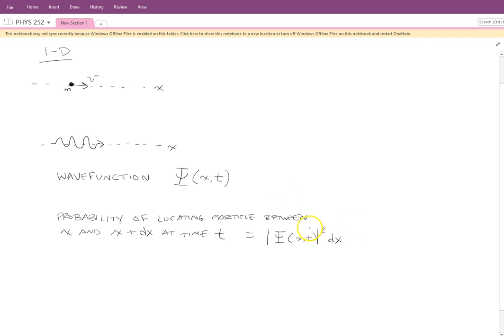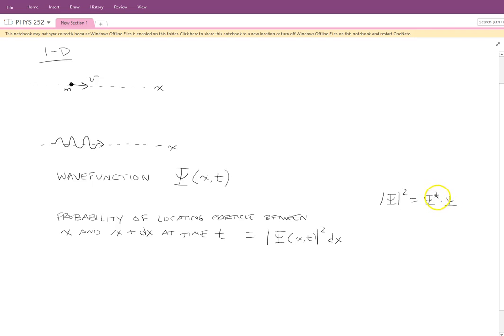Okay, now a couple comments. First of all, I put down what looks like absolute value signs, right? And then I squared it. Actually, that's the modulus. Okay, if psi is a complex function, you guys may have had some complex math. If you haven't, don't worry about it. But formally, if you have a complex function, what this represents is the product of the complex conjugate with the function.